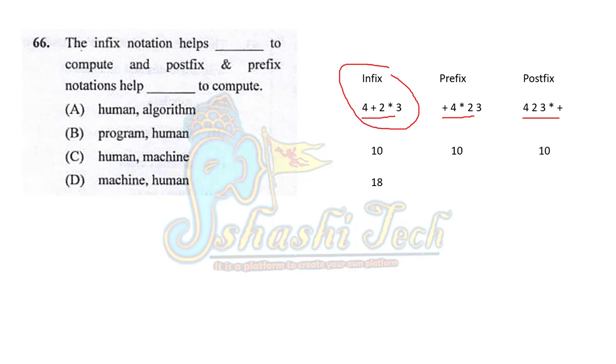Postfix expression also gives 10, because the computer can easily understand the prefix and postfix expressions, whereas the infix expression cannot be. So the infix notation helps humans to compute, and the prefix and postfix notations help machines to compute. Option C is the correct answer.